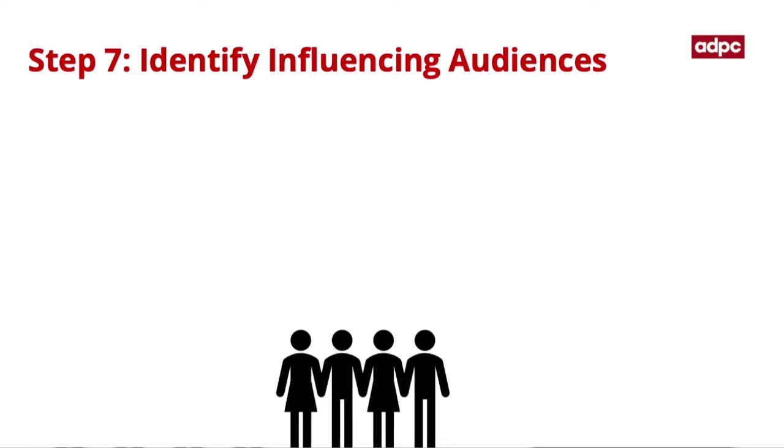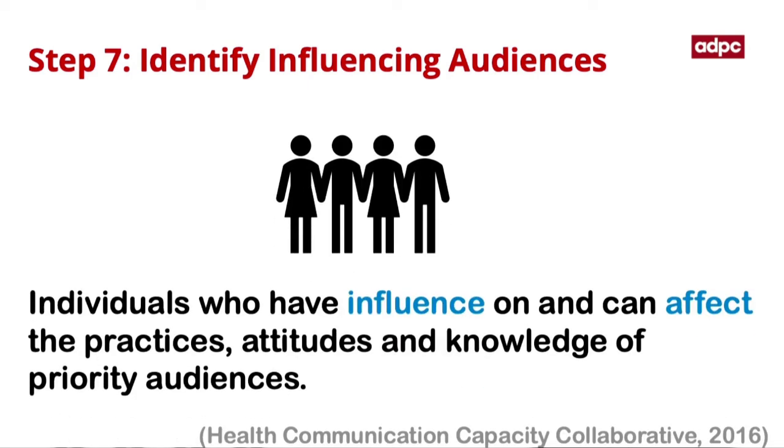Influencing audiences are individuals who have influence on and can affect the practices, attitudes, and knowledge of priority audiences. Therefore, it is highly advised that you think about who influences or controls the decisions and behaviors of your priority audience. Influencing audiences can include family members, community leaders, religious organizations, etc.